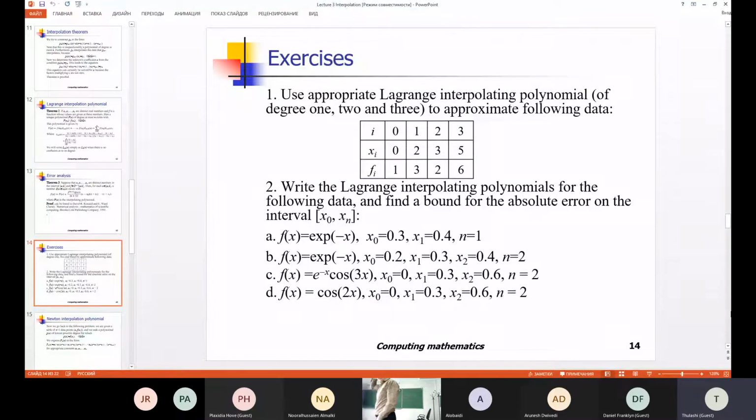I take the 2 second columns of this table, x 2 and 3 and y 3 and 2. These 2 columns. And please find the polynomial of degree 1 using these values. 2, 3, 3, 2. Use the same approach.